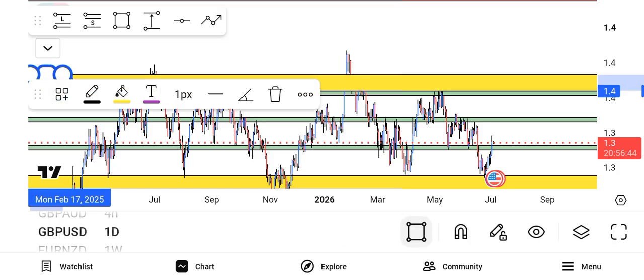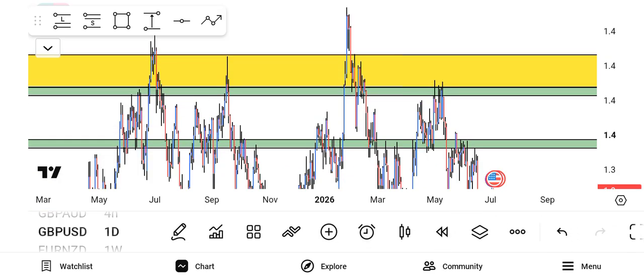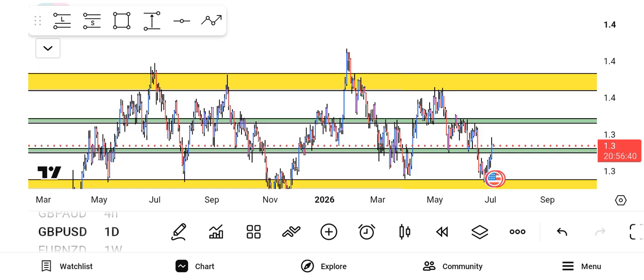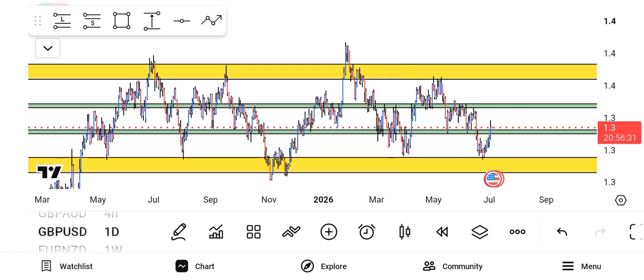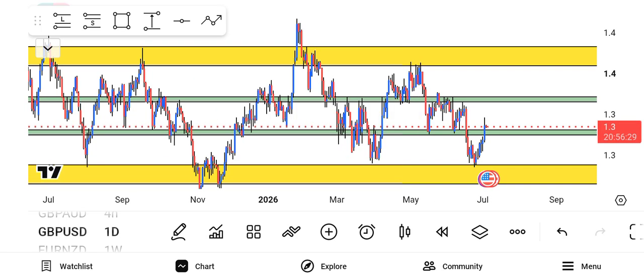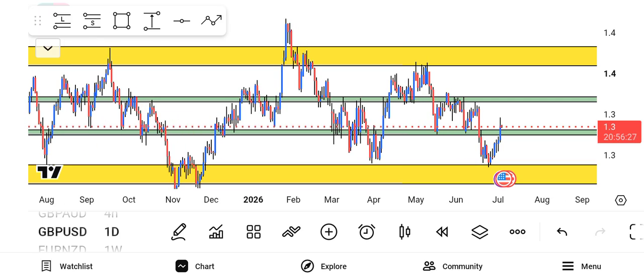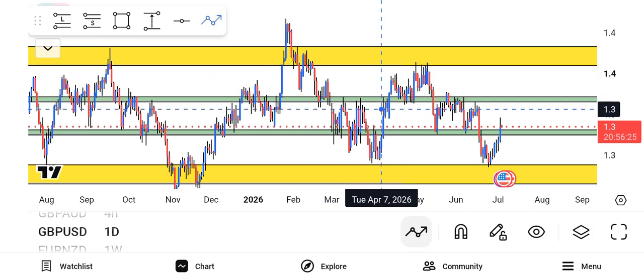Now, mind you, I can actually delete this particular daily zone and leave it like this. It's no problem because the weekly has already done that for me. In fact, I don't really need it. The weekly has done the job of representing the daily zone.